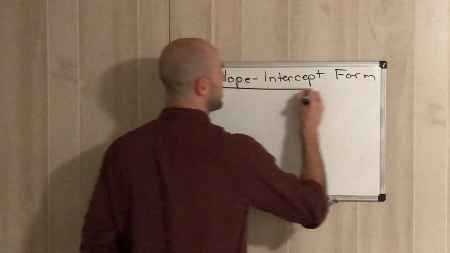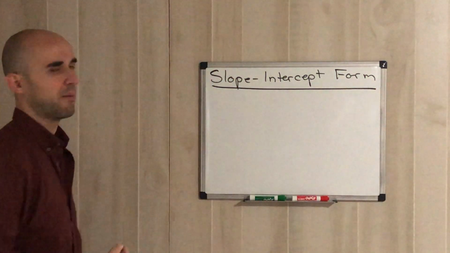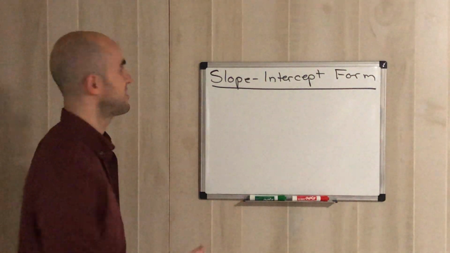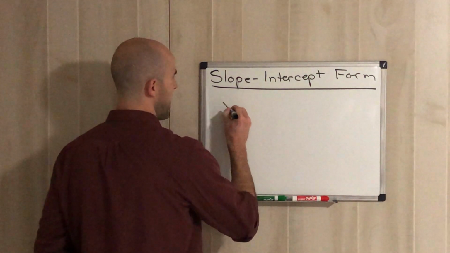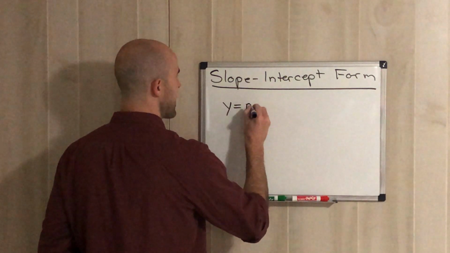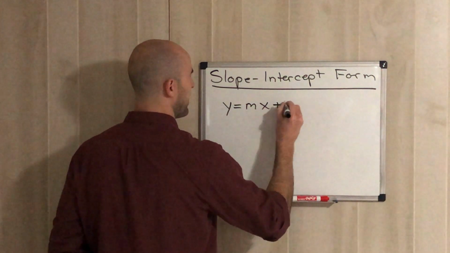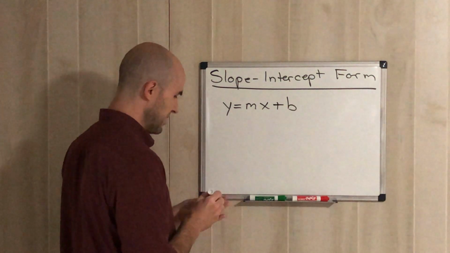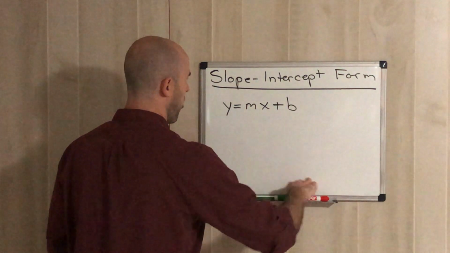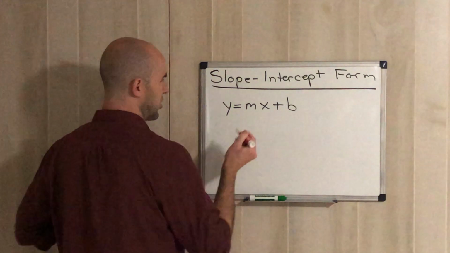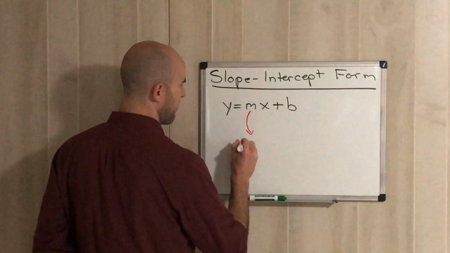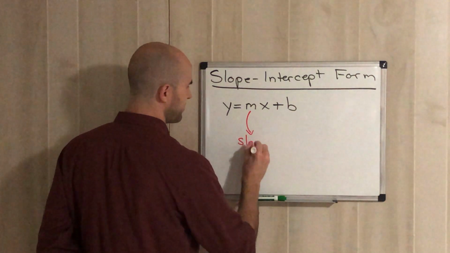Slope-intercept form is the form of an equation where we represent slope and y-intercept, and that equation is y equals mx plus b, right? Right now we know what m is. Whenever you see m, we associate m with slope, so m right there is our slope.